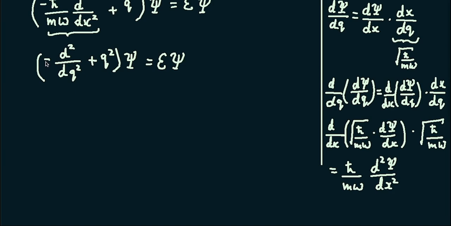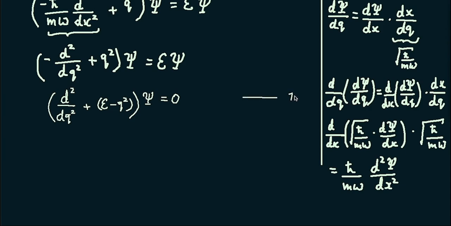What we'll do is multiply through by -1 and then move this term to the left side, which gives us the second derivative of q, and then plus epsilon minus q squared. This is our operator, and then we have ψ is equal to 0. This equation we'll call equation 1.